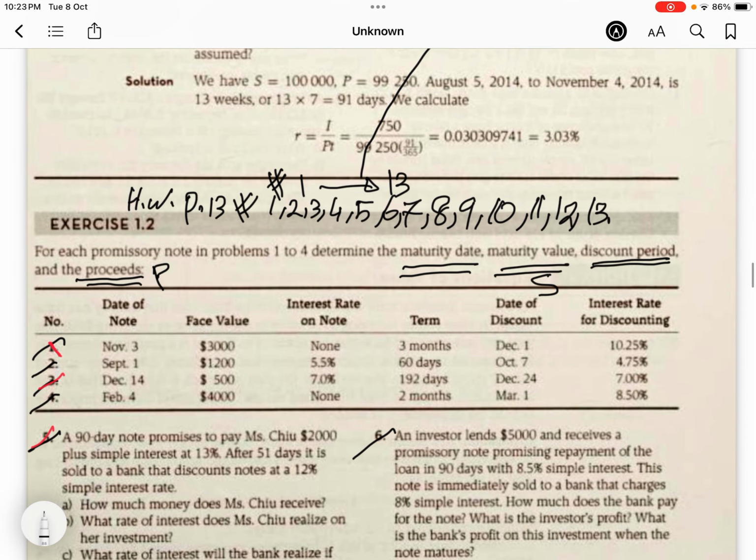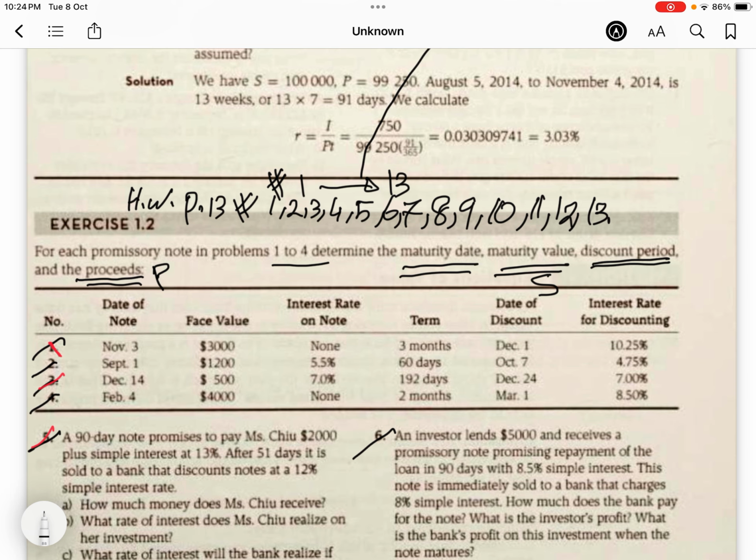Here, we will begin with solving question number 1, but notice here, from 1 up to 4, we have the same requirement for each promissory note. From problem 1 to 4, determine the maturity date, maturity value, discount period, and proceed.